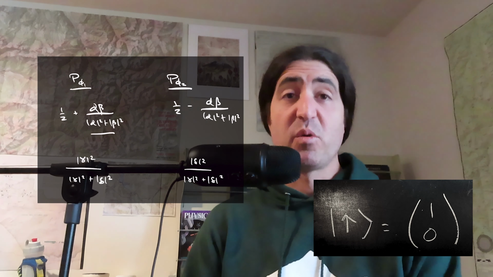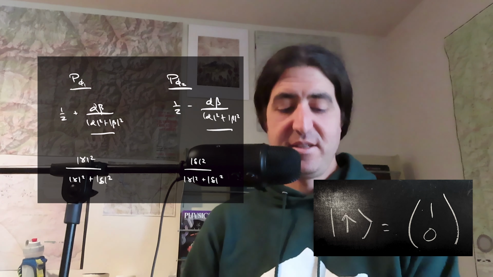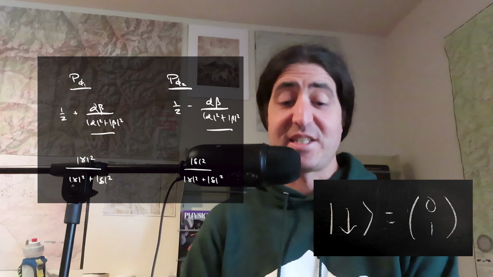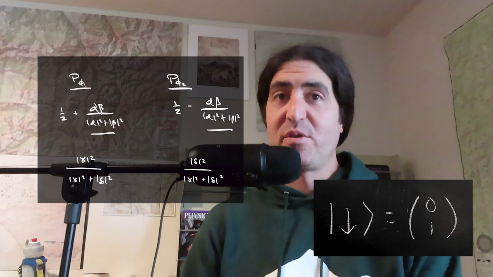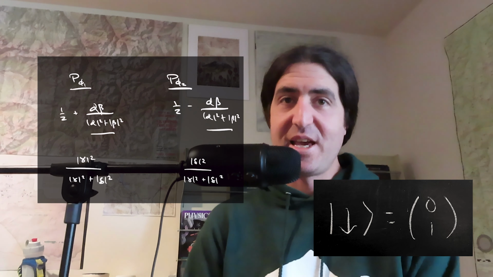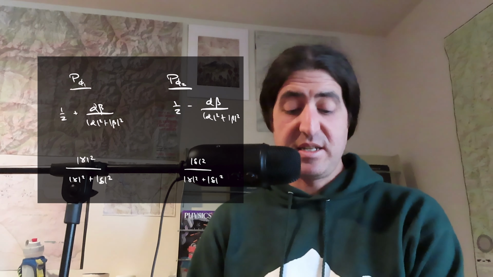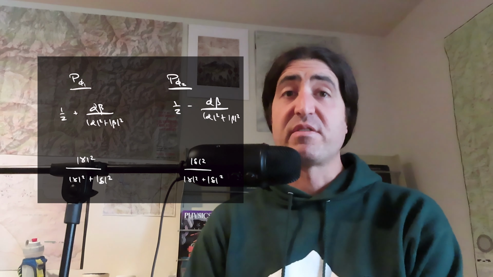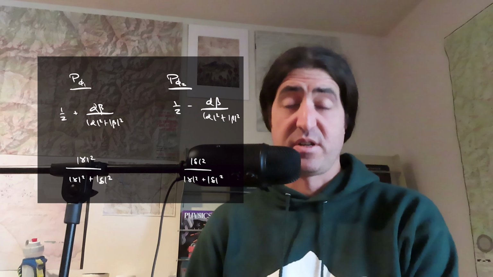So this term here would vanish, and this term here would vanish. Similarly, if we considered the spin down state, the probability of both of these would again be equal, and both again would be equal to 1/2, because once again, alpha would vanish and beta would vanish. So the difference in these two representations in terms of alphas and betas or gammas and deltas really boils down to what we're trying to measure, right?